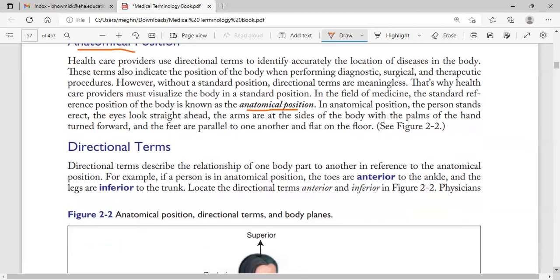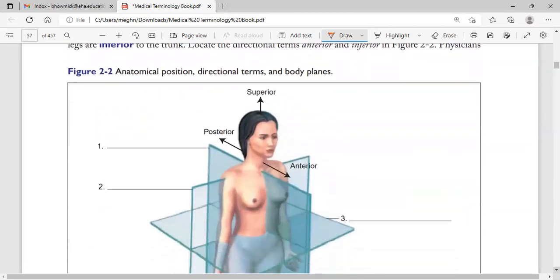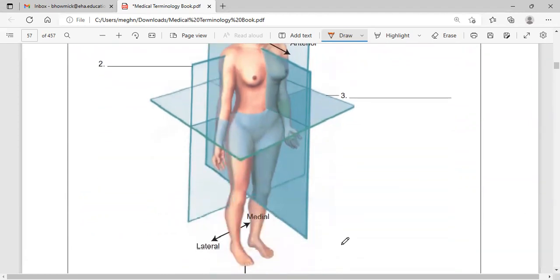Look at the directional terms anterior and inferior in the picture. Let me show you the anatomical position, directional terms of the body plan. Superior means above, front is anterior, behind the front is posterior, towards the outside is lateral, and towards the inside is medial.